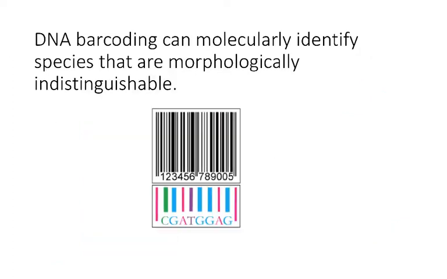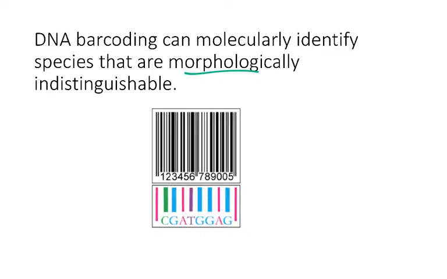So as I said, when I was working on this project as an undergrad, I used this technique of DNA barcoding. What DNA barcoding does is it molecularly identifies species that are morphologically indistinguishable. So just by looking at them, you can't tell what species is what.